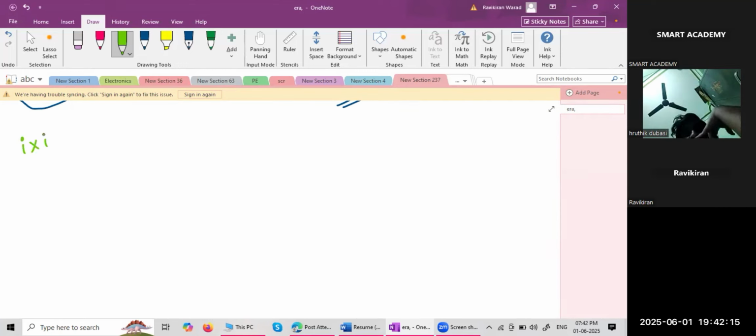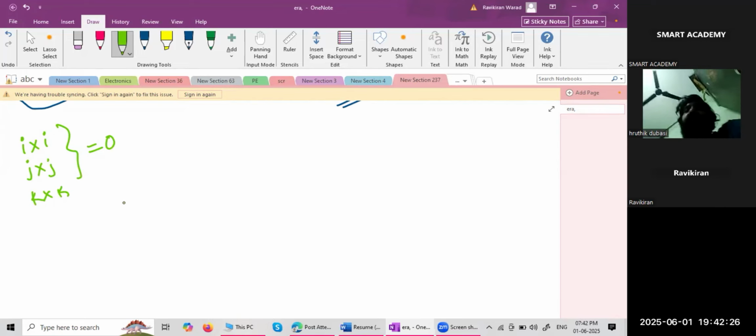The cross product of two similar vectors, i cross i, j cross j, k cross k, is equal to 0. Don't get confused. What I said previously: if I apply the dot product to similar vectors, its value is 1, but the cross product of two similar vectors is 0.